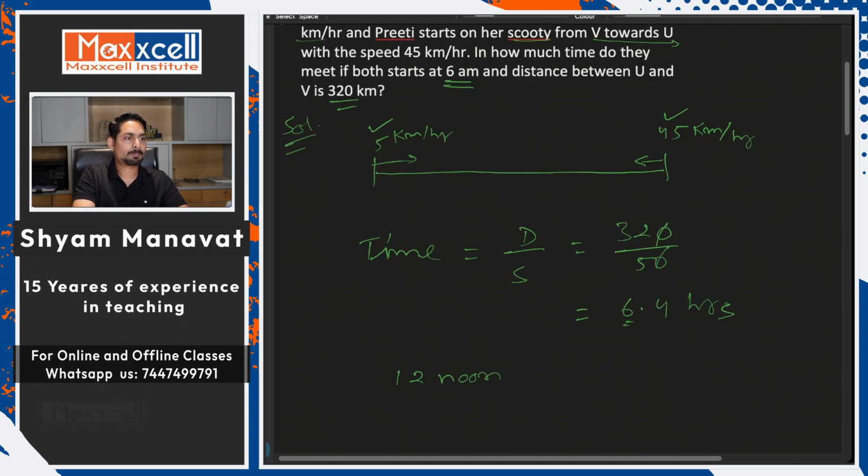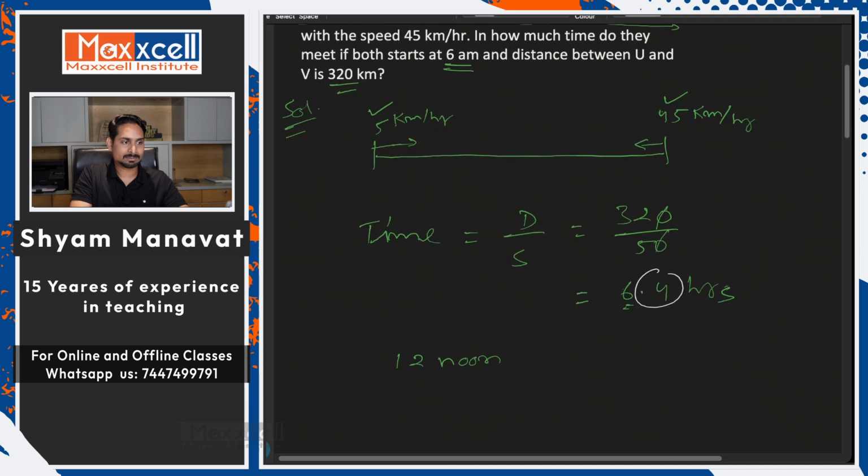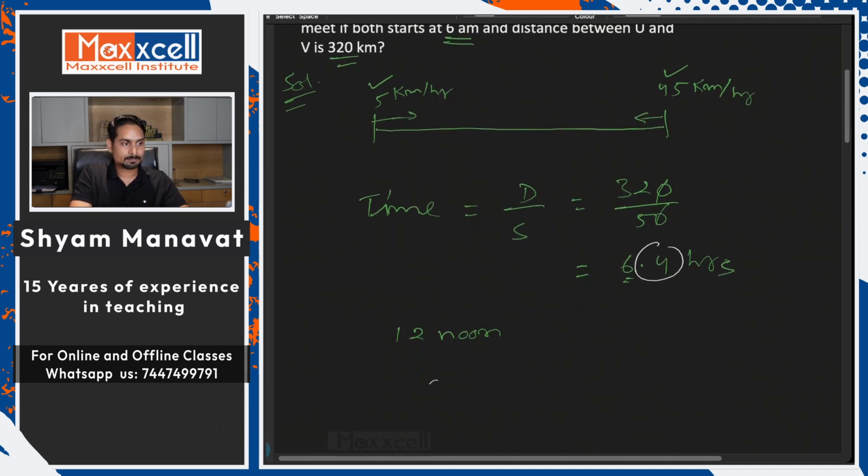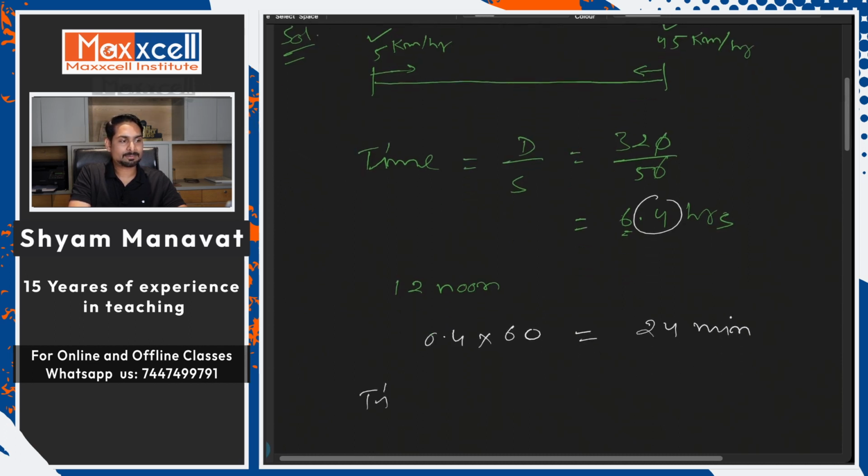So let me convert that into minutes. If I convert 0.4 into minutes, I need to multiply by 60, because 1 hour equal to 60 minutes. Multiply, that will get you 24 minutes, right? So the time now should be 12:24 p.m.